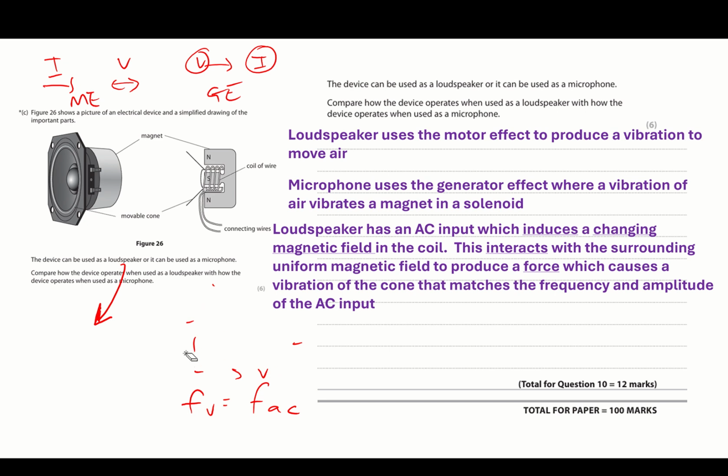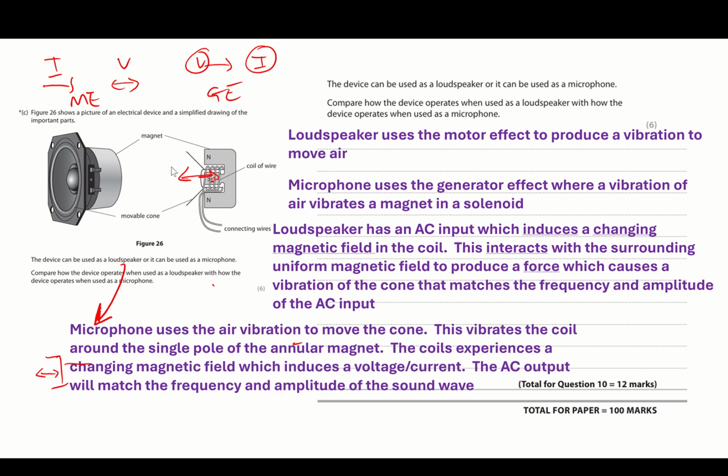Now I'm going to do the opposite for the other one. For a microphone, it's going to be the vibration. It's going to make this vibrate, and then that's going to move this coil, because it's attached to the cone. That's going to move it in and out, and then we're going to get an alternating current that matches the vibration that we put in.